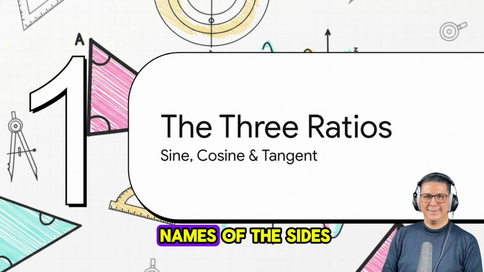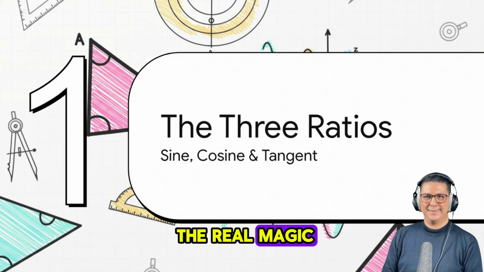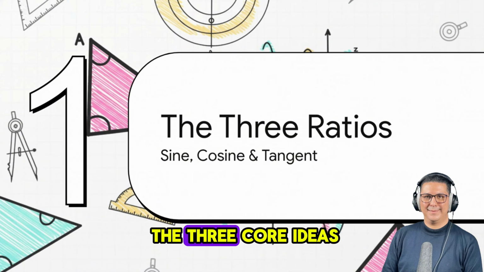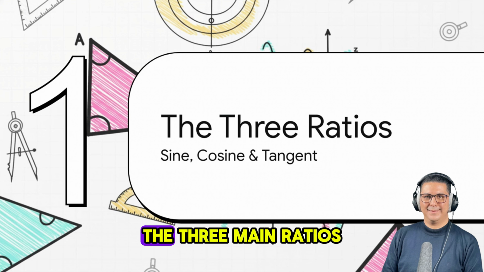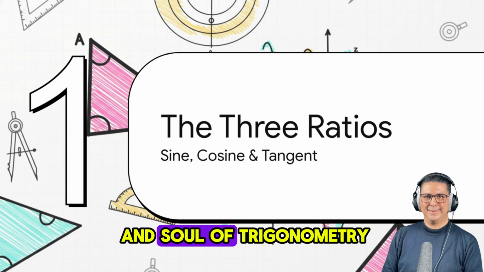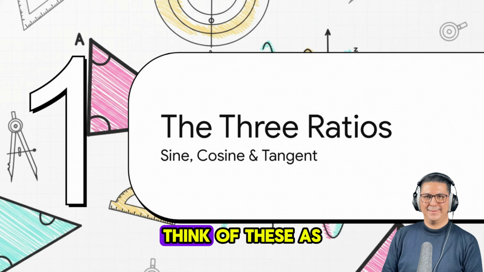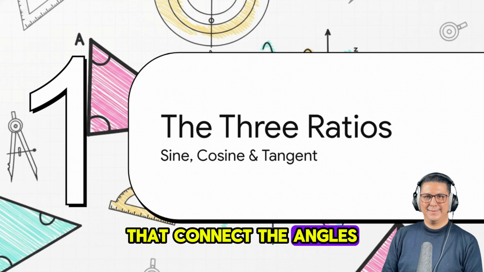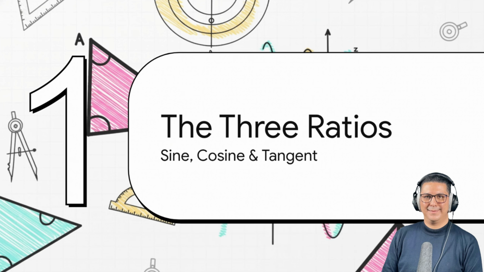Okay, we know the names of the sides. Now we're ready for the real magic. We're about to learn the three core ideas, the three main ratios that are the heart and soul of trigonometry. Think of these as the secret spells that connect the angles to the sides.